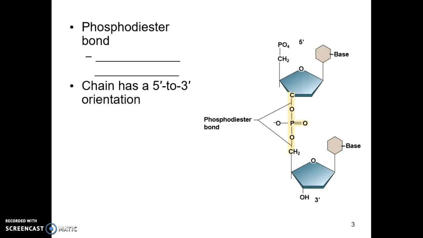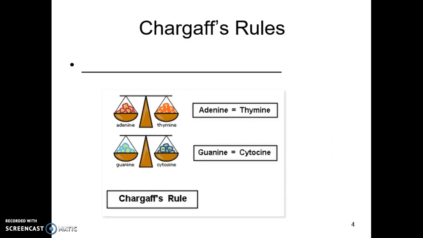So a very important piece of information was discovered back in the early 1940s, and this is called Chargaff's rules. Erwin Chargaff was a scientist in the 1940s that determined adenine bonds with thymine, cytosine and guanine, so A-T, C-G. That is how the bases will pair on the DNA ladder.